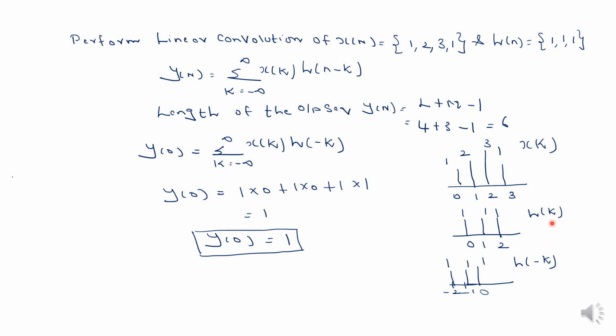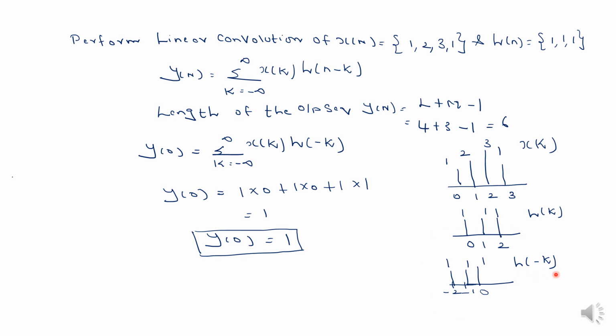So h of minus k is just the mirror image of h of k with respect to the origin. Whatever I have at the origin point, I am retaining as such. So for k is equal to 0, I have retained 1 as it is. And whatever I have along the right hand side will be the mirror image and will come across to the left hand side in the case of h of minus k.